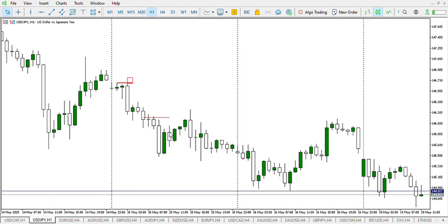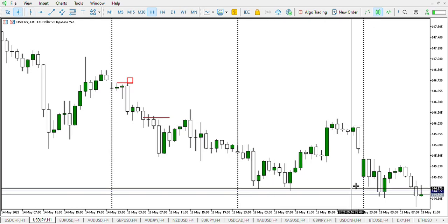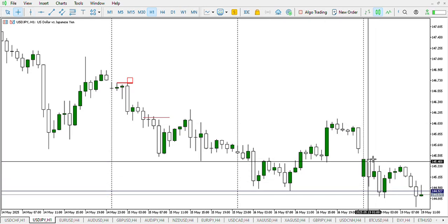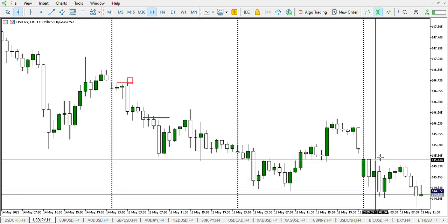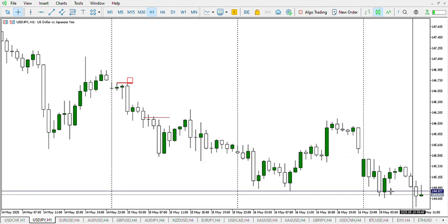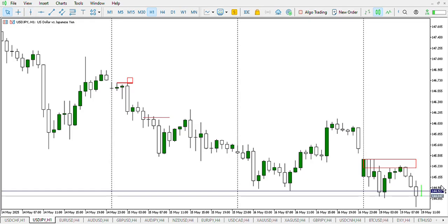On USD JPY, as price opened during the Asian session, price printed out a strong sell pattern and price retested it, and price has been dropping since. So we can see right here in this zone, you could have made your entry during the Asian session. However, I do not advise trading the Asian session, and we can see price successfully broke the low of Friday, which is right here, 144.927.